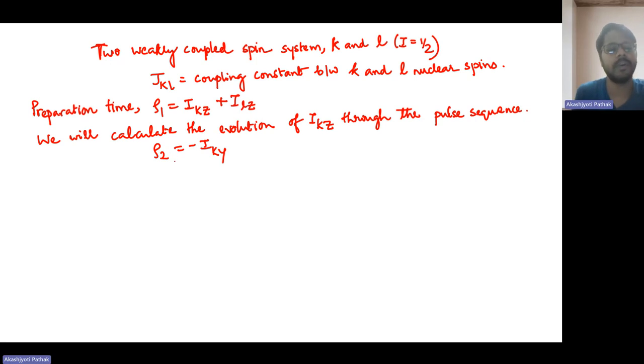And then this will evolve under the Zeeman Hamiltonian, omega k IKZ, for a time period t1. I'm writing this down so that you can follow well.